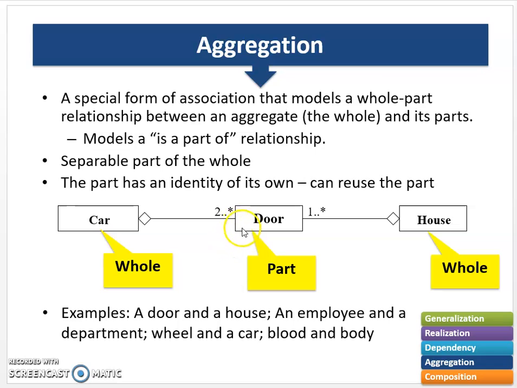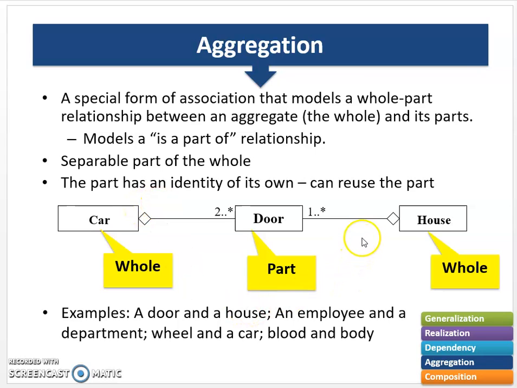That means you can reuse the door, meaning you can remove this door and put it in another car. To draw this relationship in a diagram, a white diamond will always face towards the whole class, and the multiplicity here will always be 1 to 1.